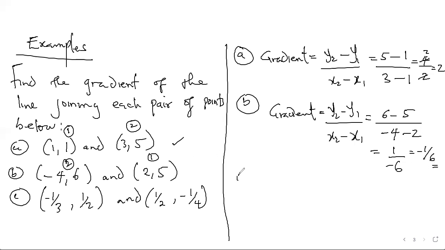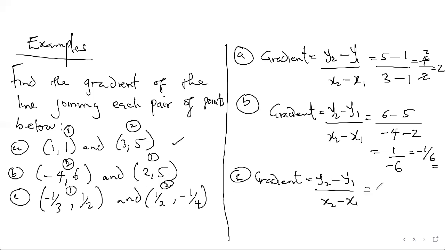Then the third one, gradient is y2 minus y1 over x2 minus x1. So if I make this point 1 and I make this point 2, my y2 will be minus 1 over 4.